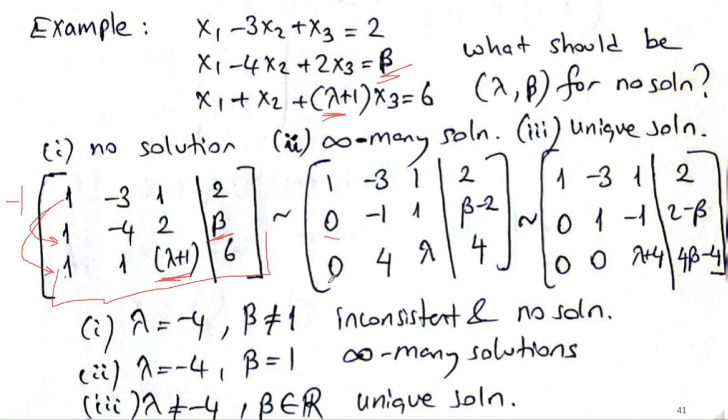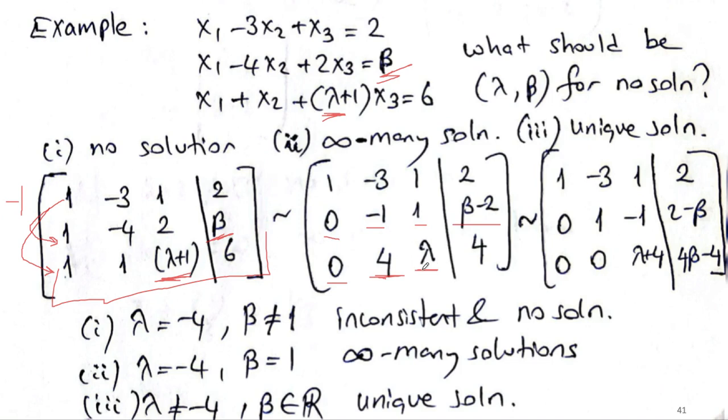So this becomes 0 and 0. And basically we have minus 1, 1, beta minus 2 in the second row. And then for the third row we have minus 1 times minus 3, so that's plus 3 plus 1, that's equal to 4 here. And then we have lambda plus 1 minus 1, that equals lambda.